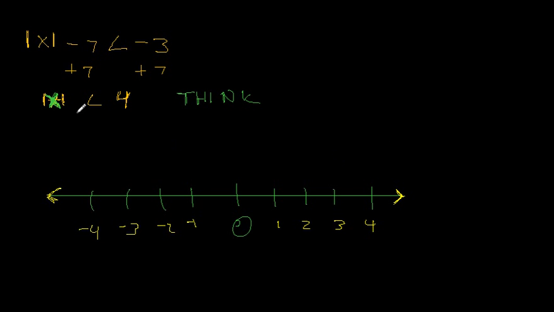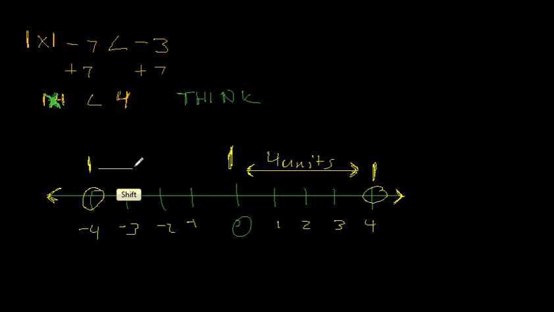I have open circles because I'm using the inequality symbol less than. So what numbers are 4 units away from 0? Negative 4 is 4 units away from 0, and positive 4 is 4 units away from 0. I can prove that: 0 to positive 4 is 4 units, and 0 to negative 4 is 4 units.